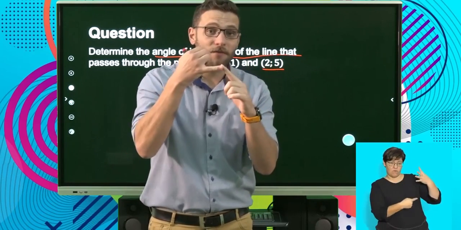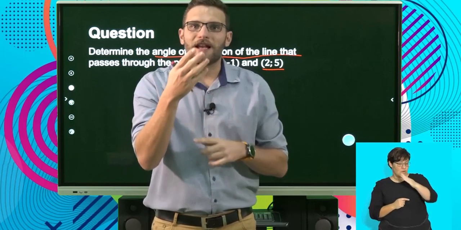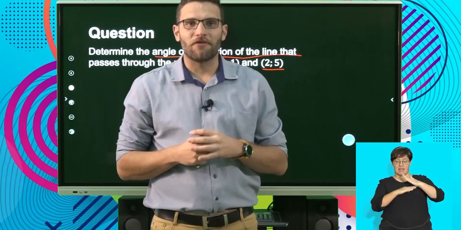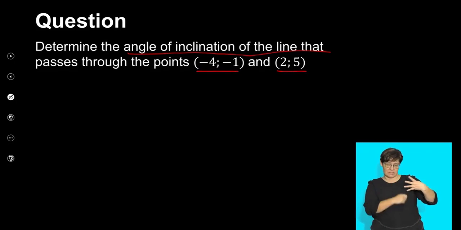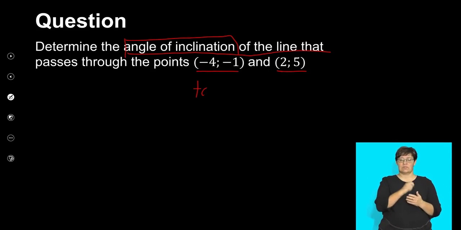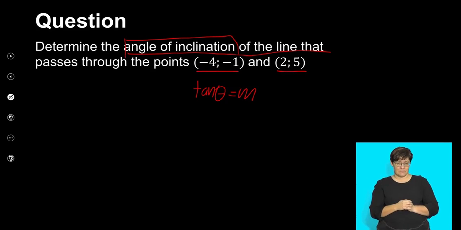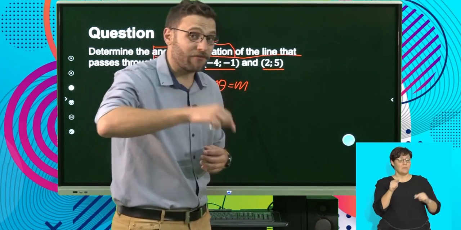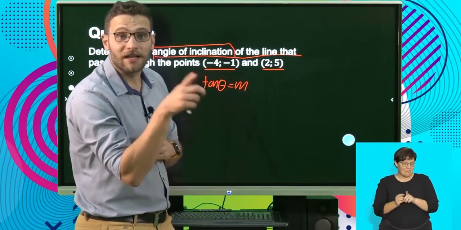You've got the distance formula, you've got the midpoint formula, you've got the gradient formula, and you've got the angle of inclination formula, tan theta equals m. Which one am I going to use here? Well, they want me to determine the angle of inclination, and so I'm going to use this formula, tan theta equals m. But to use that formula, I need the gradient. Exactly like we did in the previous question, I need the gradient.